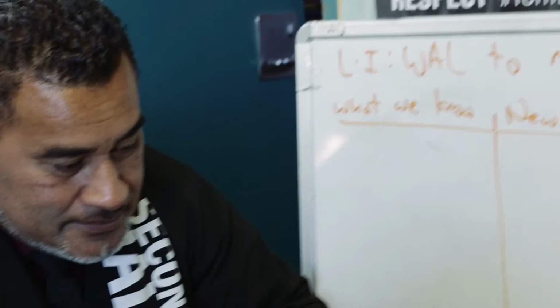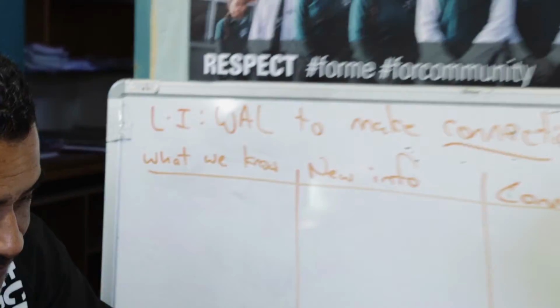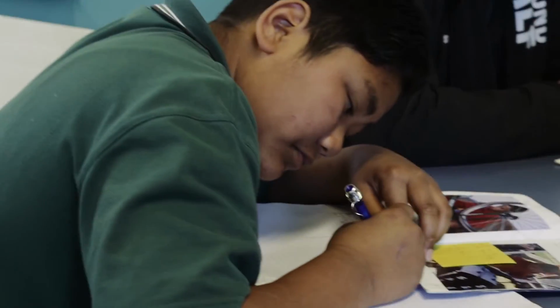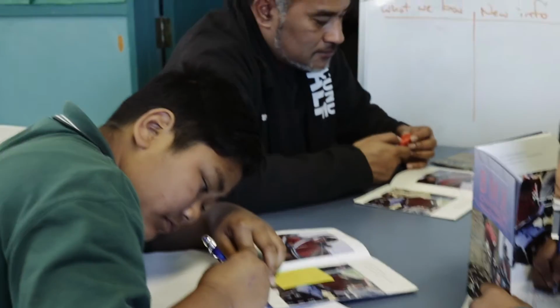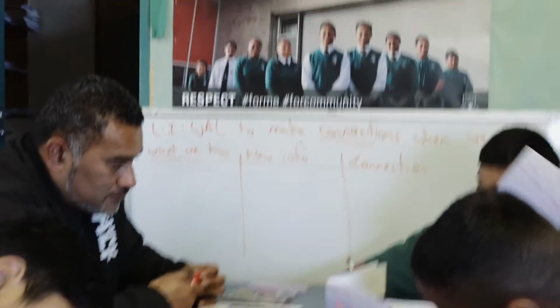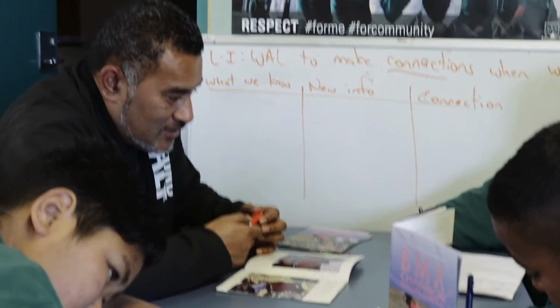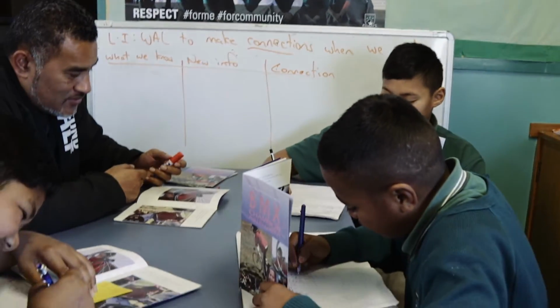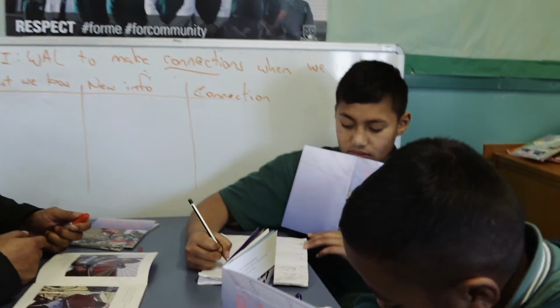See, those are other connections you can write down. My brother can ride at 5 years old. Anything that it reminds you of. Hurt. H-U-R-T. Hurt.